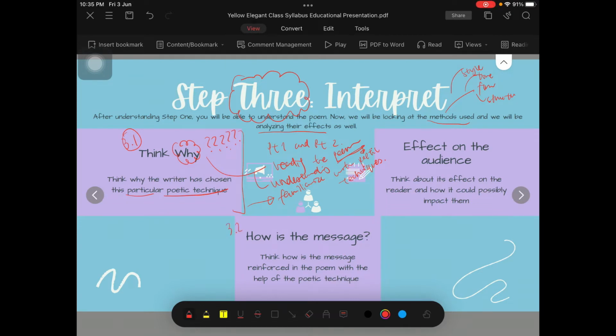And then 3.2 is to see how the message comes out and is exemplified with that particular poetic technique. You need to see how it is reinforced with the help of that poetic technique in the poem. Also, when you're thinking of step 3.1, you need to see how it contributes to the theme.